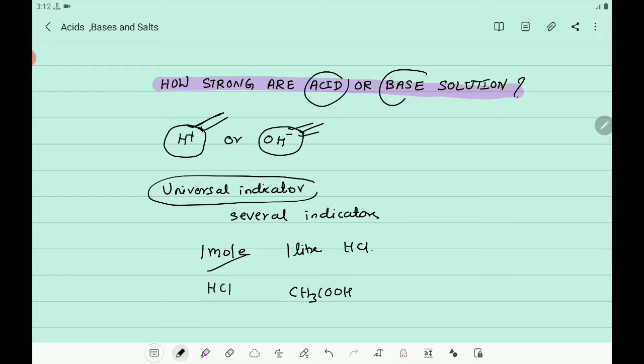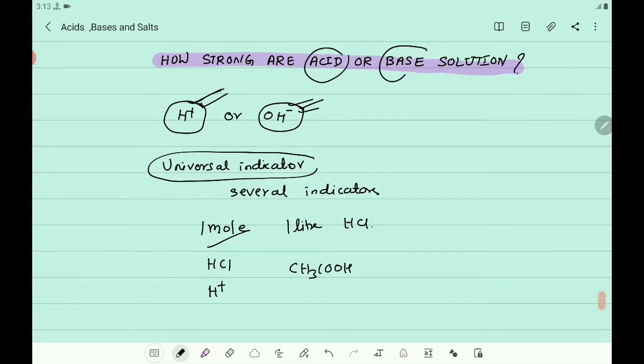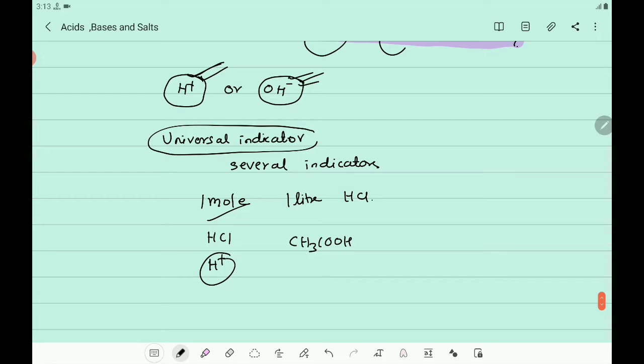CH3COOH. If you want to find out which acid is stronger, what do you use? You can use the universal indicator. The acid which gives rise to more H plus ions is the stronger acid, and the one which gives fewer H plus ions is the weaker acid. In this case, it is found that hydrochloric acid is a strong acid and acetic acid is a weaker acid.